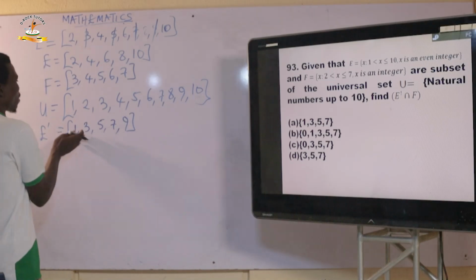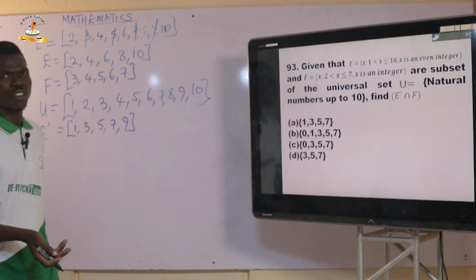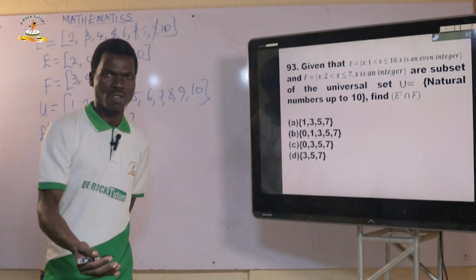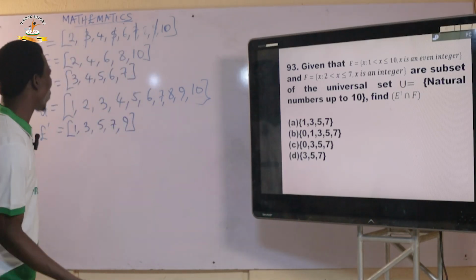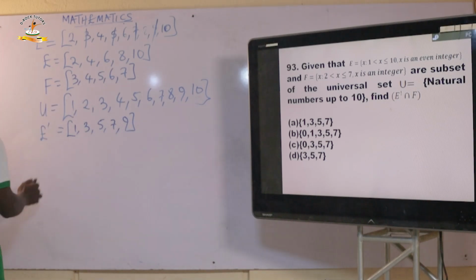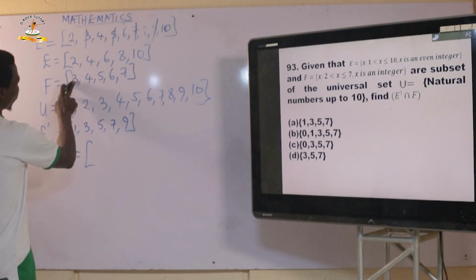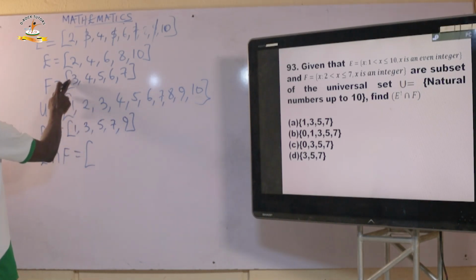Next, we have to intersect this E prime with F. What is intersection? What is common to both? So we ask ourselves, what is common to my E prime and F? E prime intersection F will give me what? You can see there is 3 here, there is 3 here. We cannot include 1 because there is no 1 here.